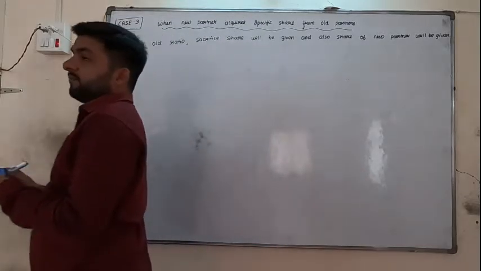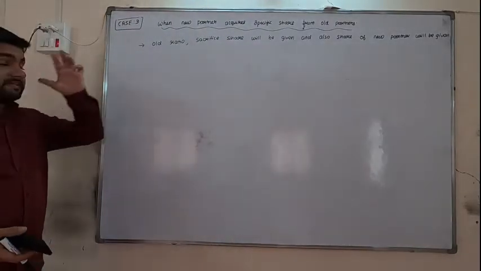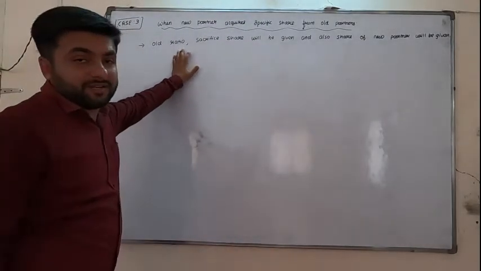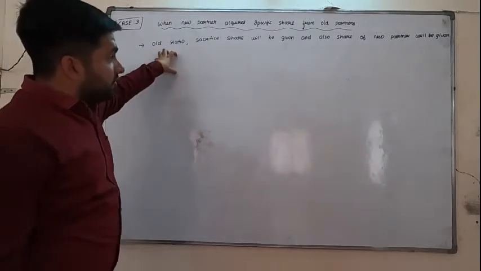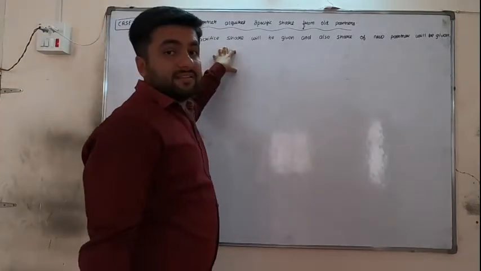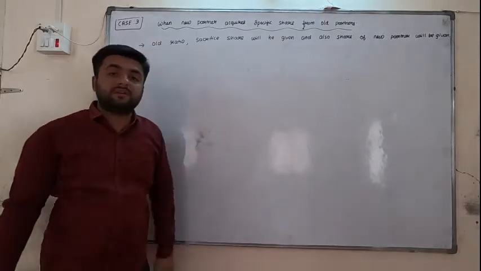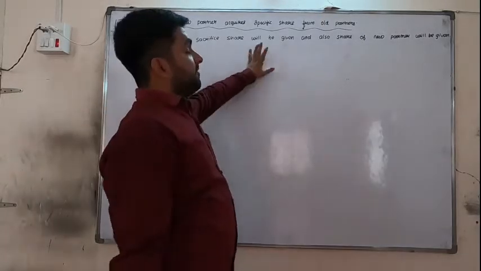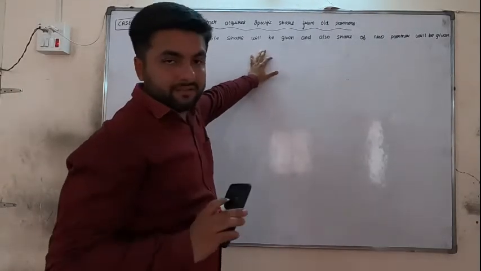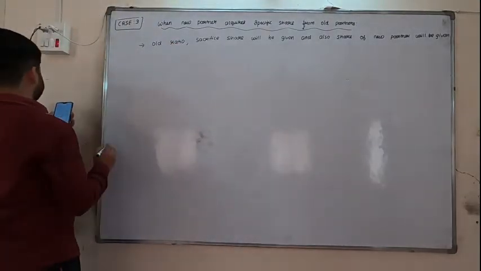First, this step is only for our information. In this sum heading I have not specified what thing will be given. In this sum, old ratio, sacrifice share, this is the share which a partner gives in favor of another partner, will be given, and also share of the new partner will be given. Now how to start this?